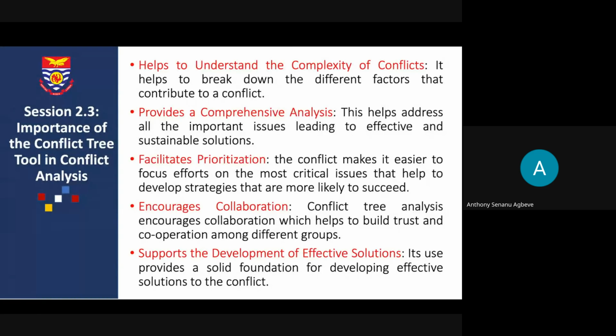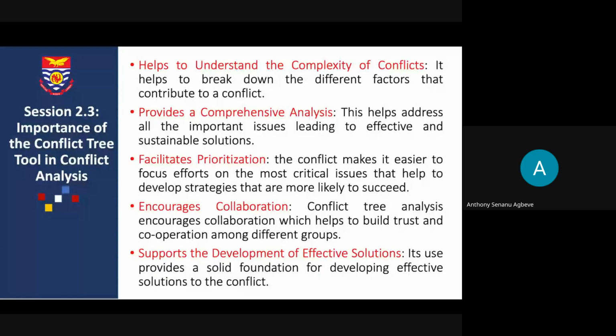Once we prioritize that, we are able to deal with the major problem driving the conflict. And once we tackle the major issue, even if the conflict is not entirely resolved, the effects are drastically minimized, right?